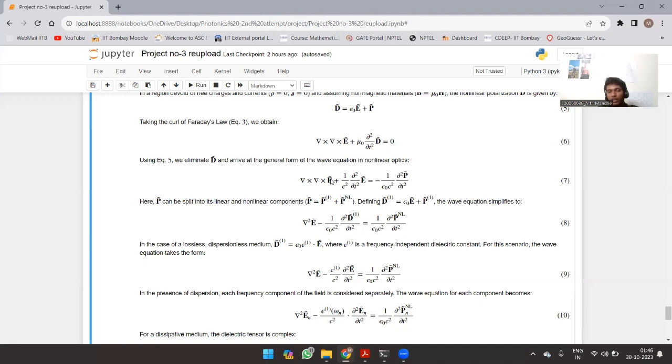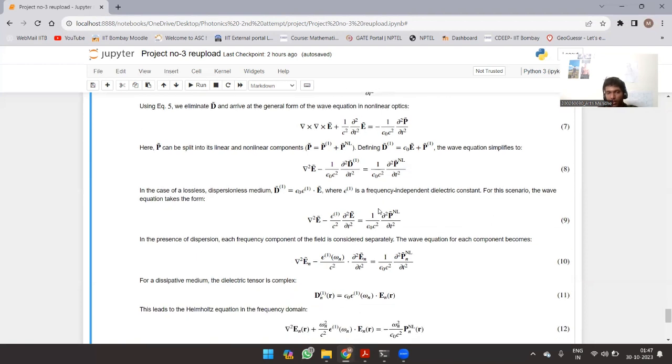Sorry. Substitute the value of e by using this equation, and this will give a part of del dot d, and we are considering del dot d as 0 here in this case, and we are keeping del square d as normal, and instead of d again we substitute the e part, and finally you get this equation while writing d as epsilon e plus p nonlinear, d linear as d linear.